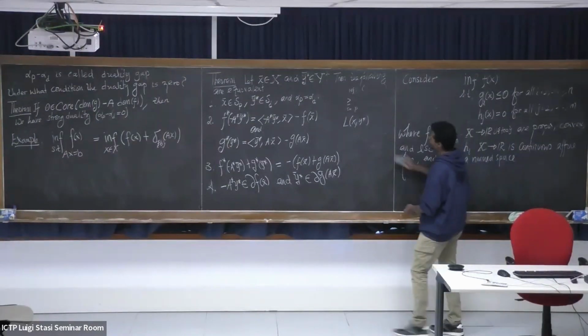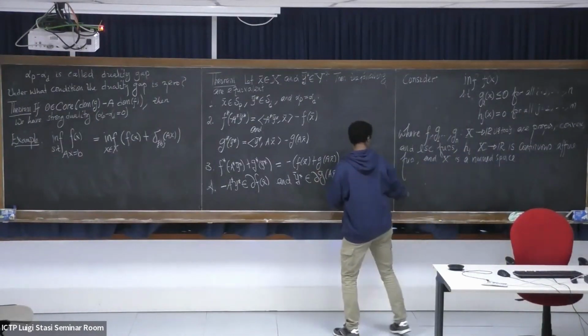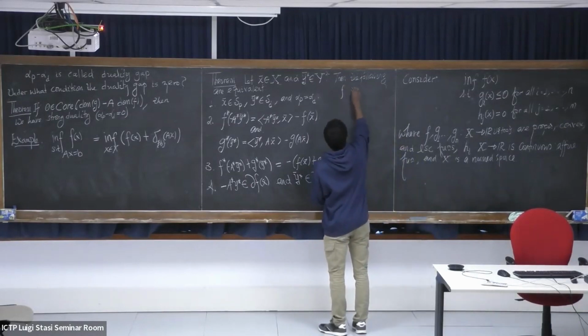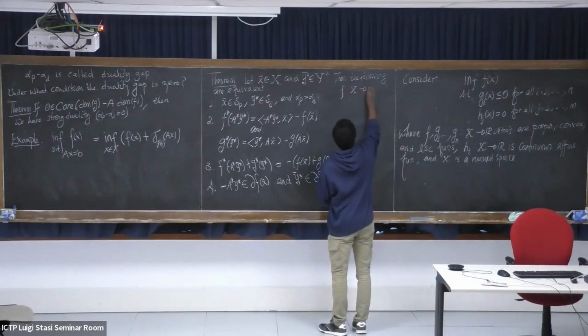A continuous affine function from a normed space to R is affine if there exists a linear operator. We need only a linear operator.